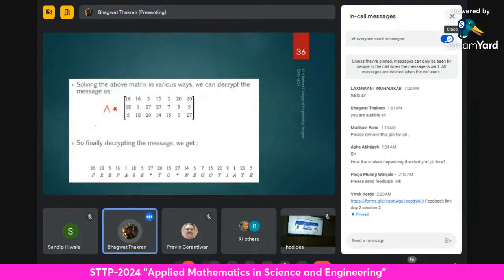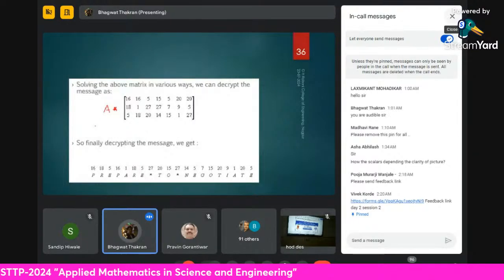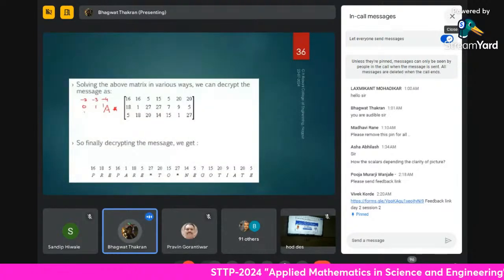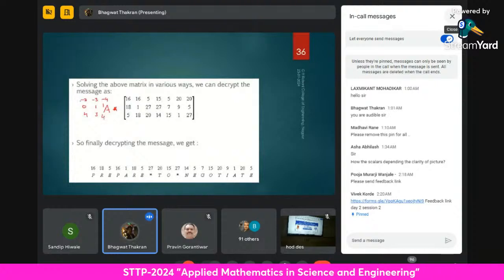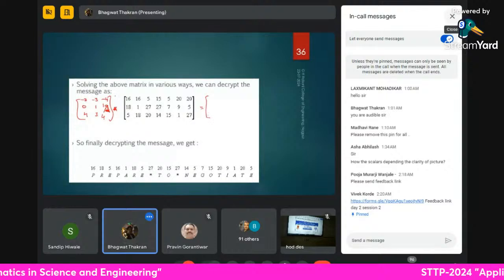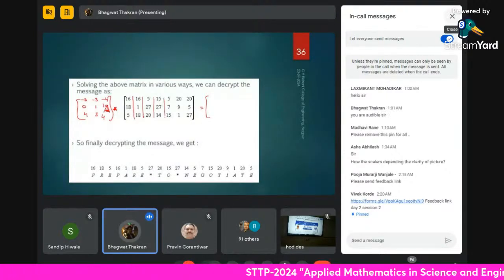The matrix is -3, -3, -4, -3, -3, -4, 0, 1, 1, and 4, 3, 4. Right? This is my matrix A. So the result is vectors V1, V2, V3, V4, V5, V6, and V7.